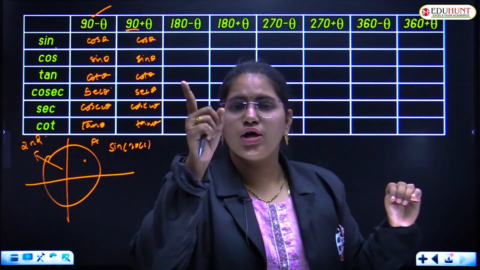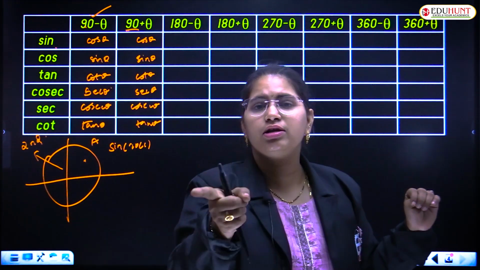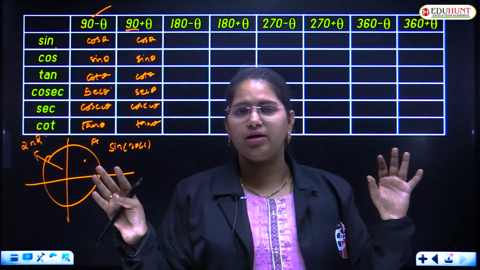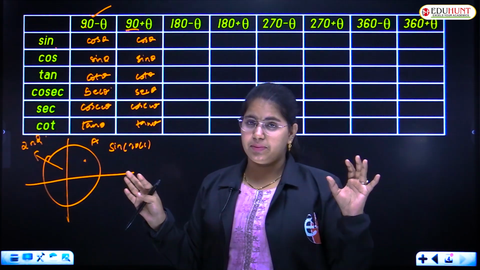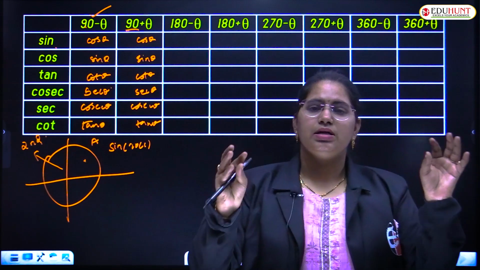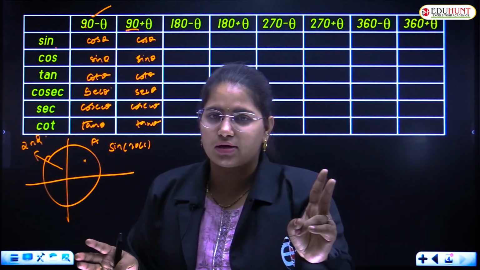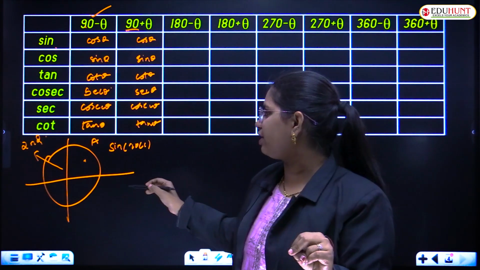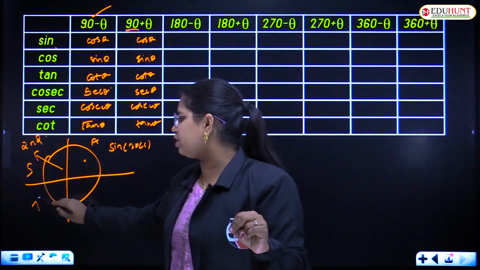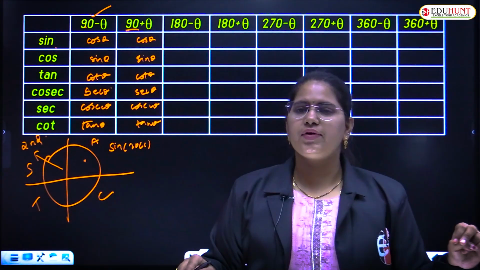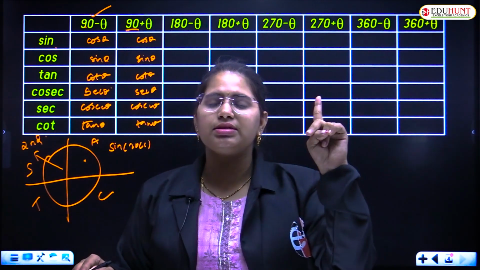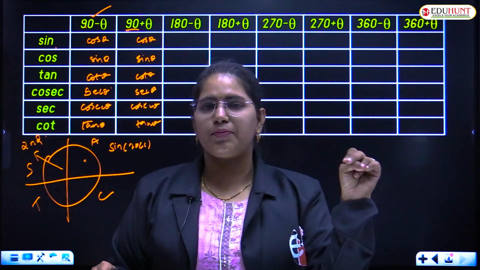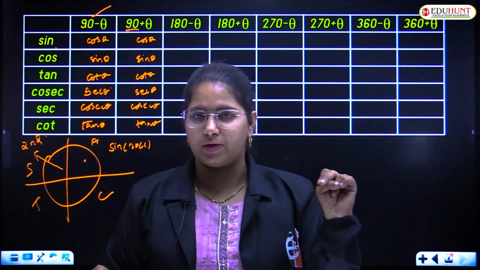I told you, if you wonder why it is a negative sign, just watch the previous videos and then come to this video. Sine and cosec, I repeat, only sine and cosec are positive: All Silver Teacups. Do you remember? I told you the shortcut for this. S represents sine, and the reciprocal function of sine is cosecant theta.